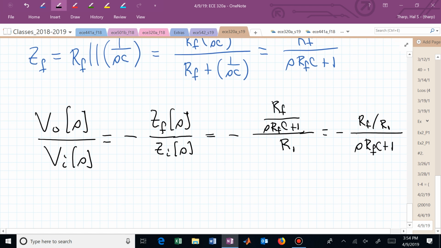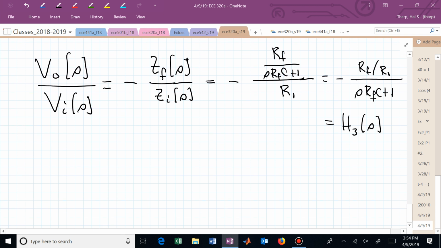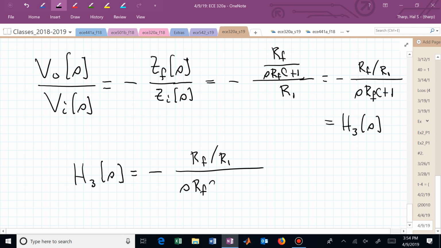And this is now our third transfer function, H sub 3 of s, which is minus R sub f over R sub 1 over s R sub f C plus 1.